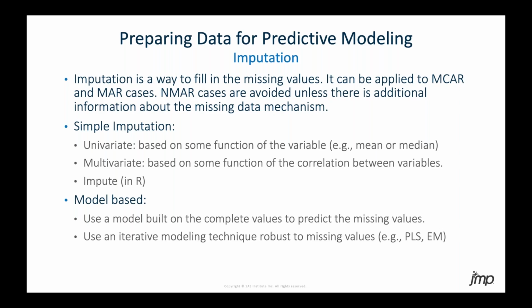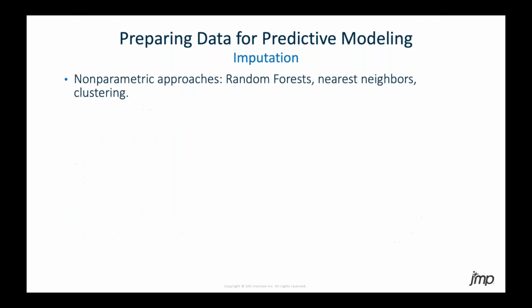There are other, more complex modeling techniques. You can actually model missing values based on something like PLS as well. There are non-parametric approaches. Again, I think of these almost as modeling. I could use random forests to predict what those missing values are. I can use nearest neighbors or clustering.